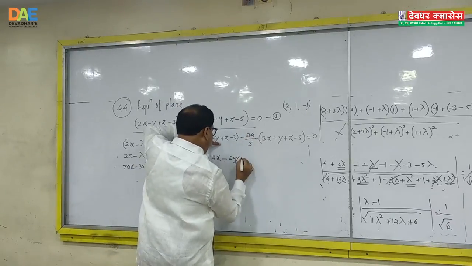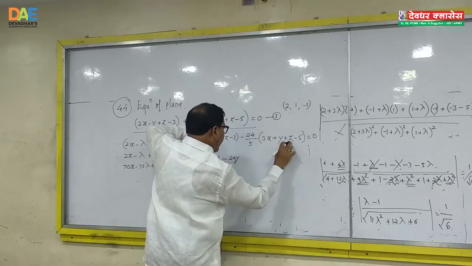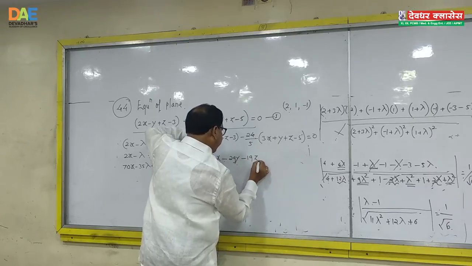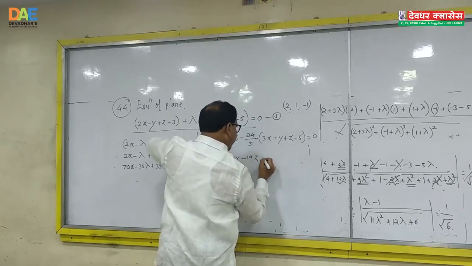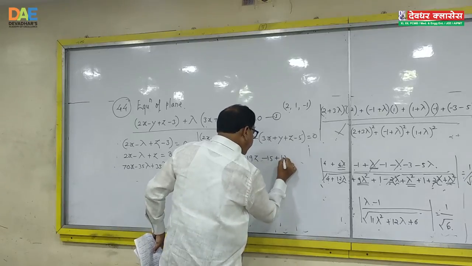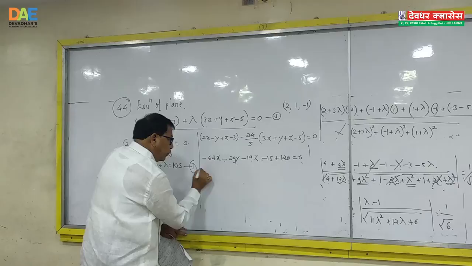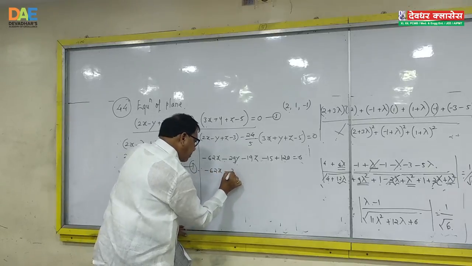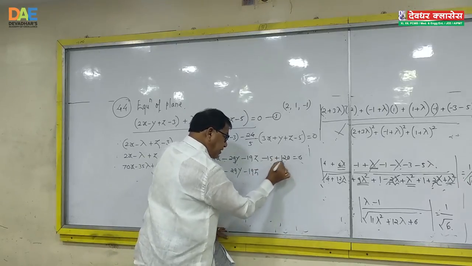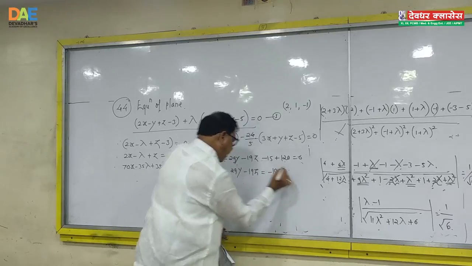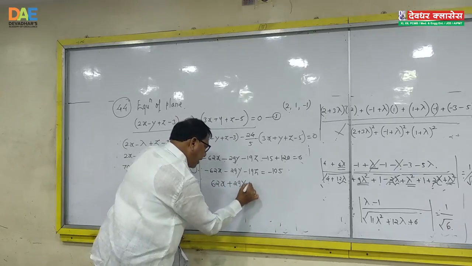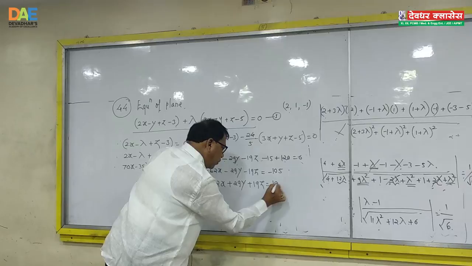Then 5z and -24z gives -19z. Then -15 and +120 gives +105. Automatically I get -62x - 29y - 19z + 105, which becomes -105 there. Change the sign: 62x + 29y + 19z = 105.